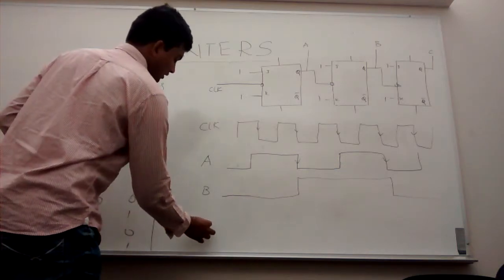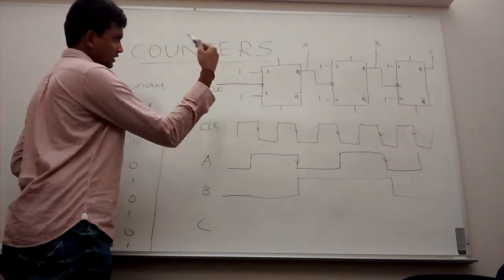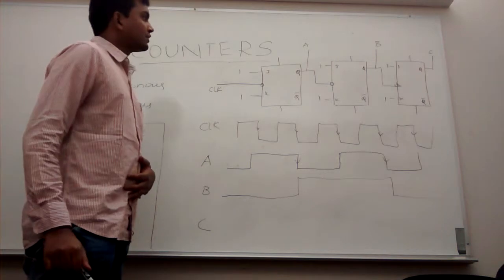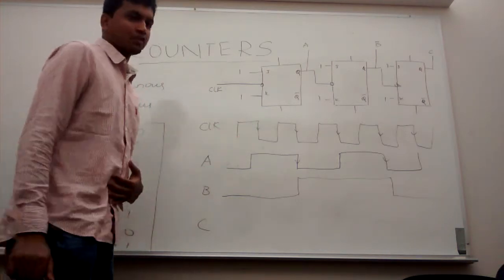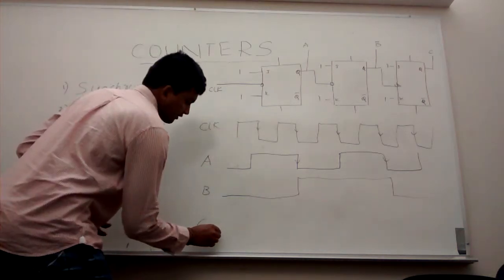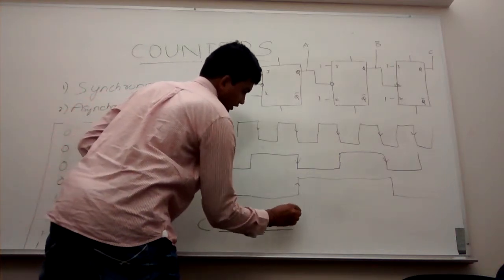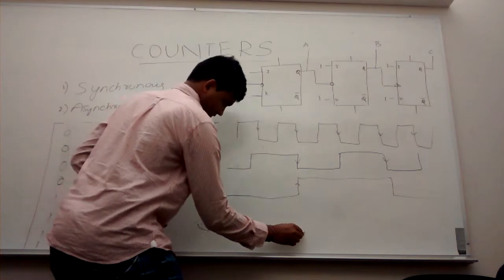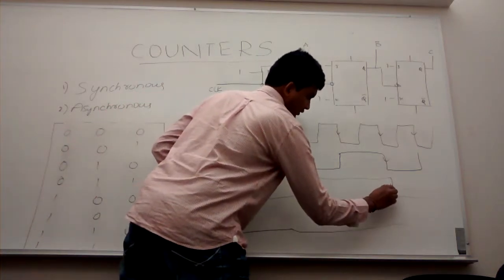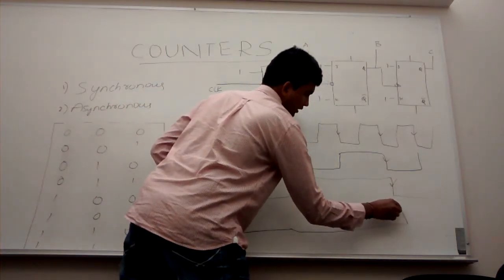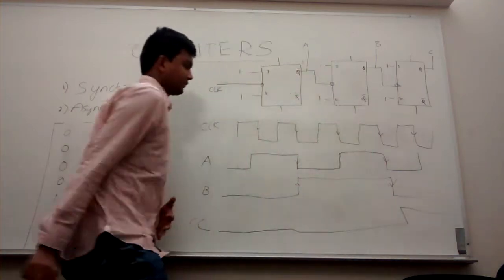In a similar manner, as the output of the second JK flip-flop B serves as the clock for the third JK flip-flop, the frequency of C is half. There is a positive edge, so there is no triggering. There is a negative edge, so there will be triggering, and it becomes 1, and so on and so forth.